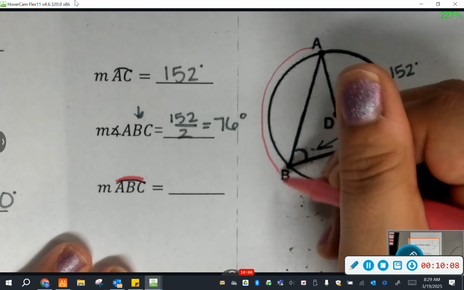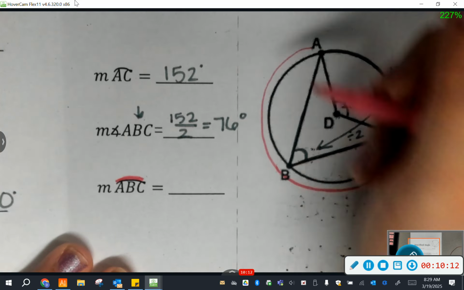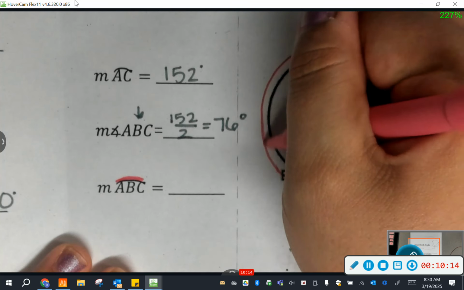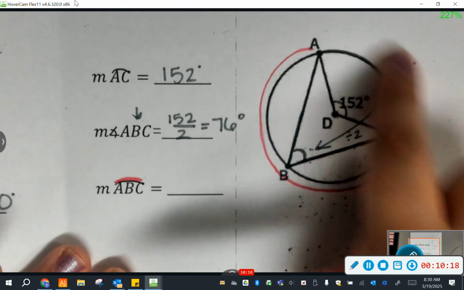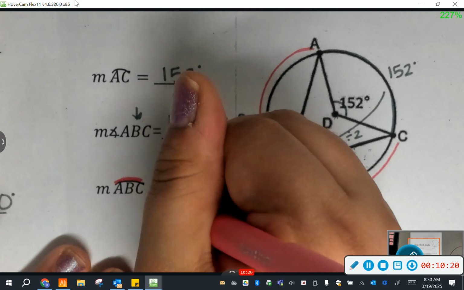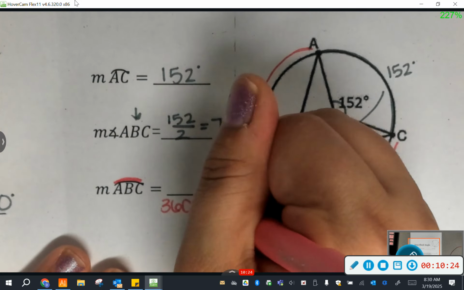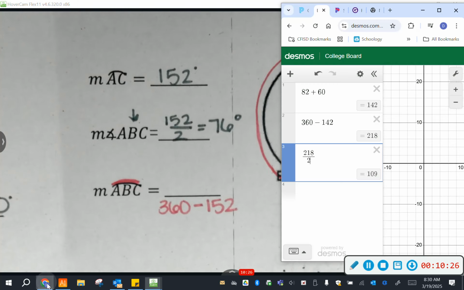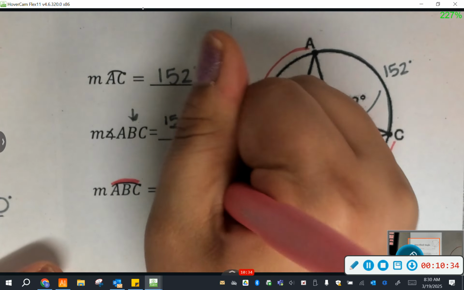A to B to C. That's exactly what you're going to do. What is a whole circle? 360. So I'm going to do 360 minus 152. What is 360 minus 152? 208 is my answer.